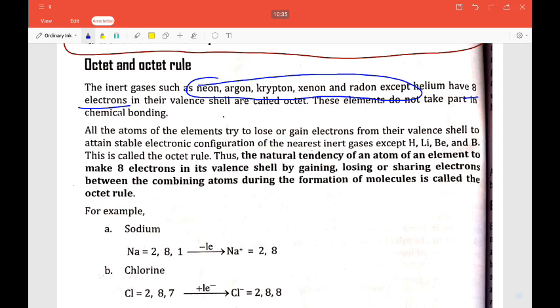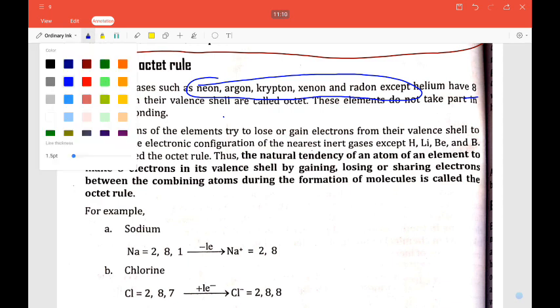They are already full of electrons, they do not need to get any electrons. That's why they are inert. But the rest of the other elements either gain, donate or share electrons to possess the state like that of inert gases. Now here, then the definition of which one?